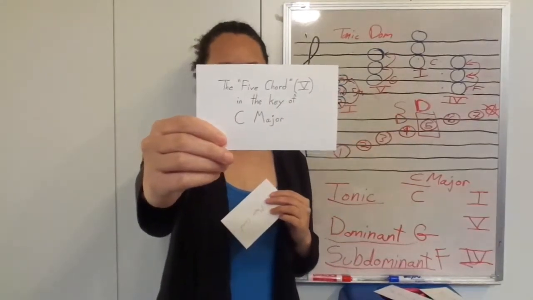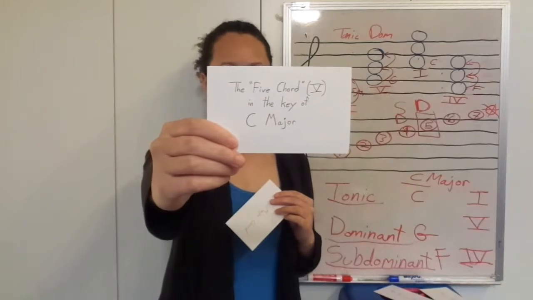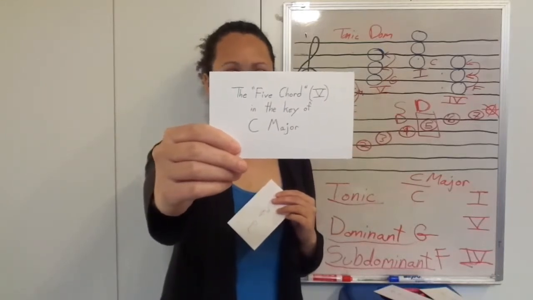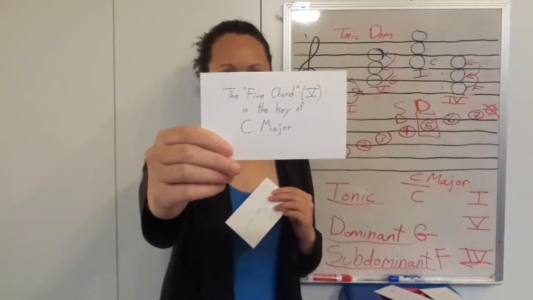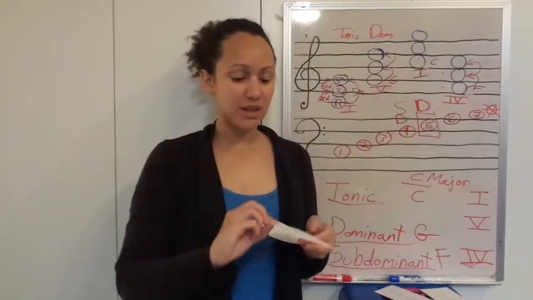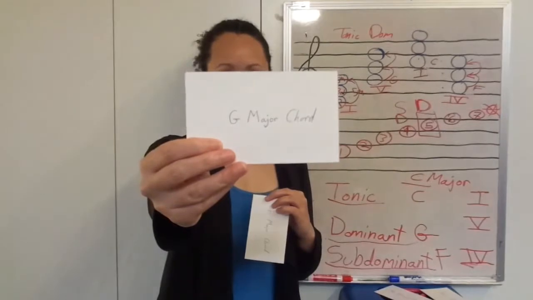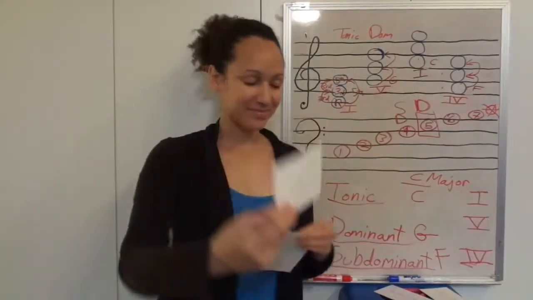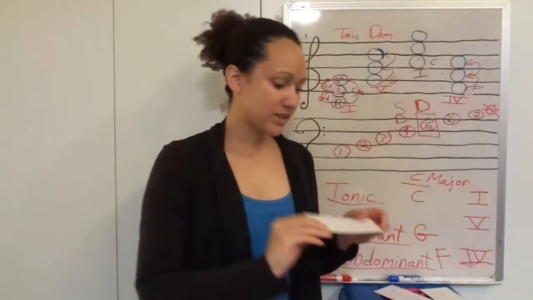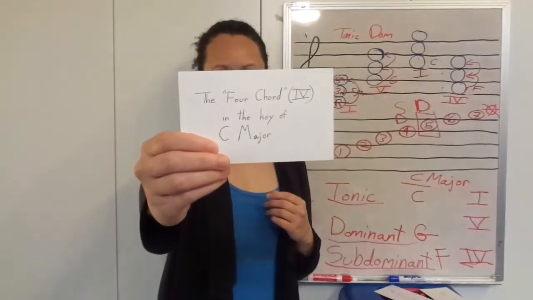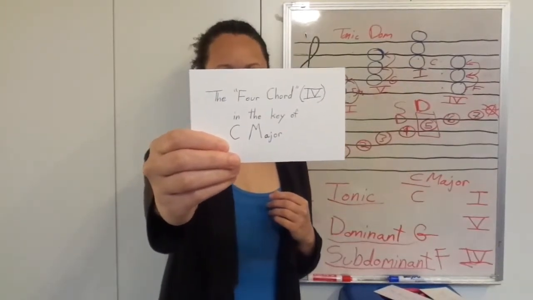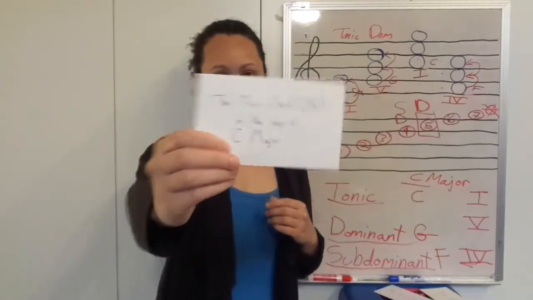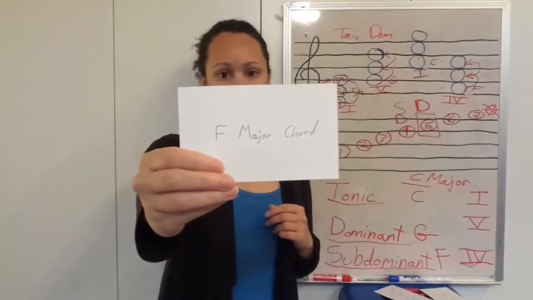The 5 chord, Roman numeral 5 or the V. Make sure that it looks very capital, very large with the lines fully across. Key of C major, and it's the G chord. And then the 4 chord, IV, Roman numeral 4, key of C major, and that would be the F major chord.